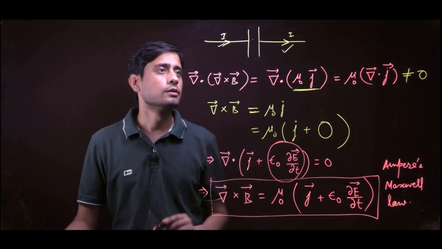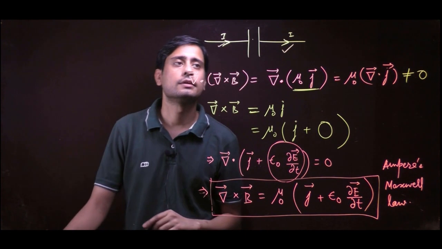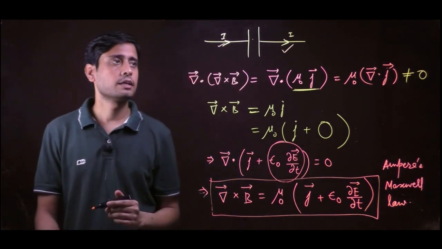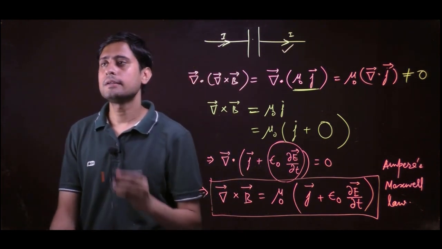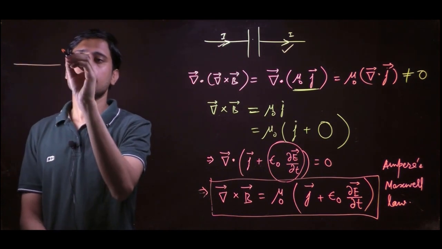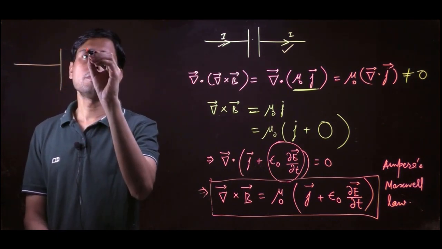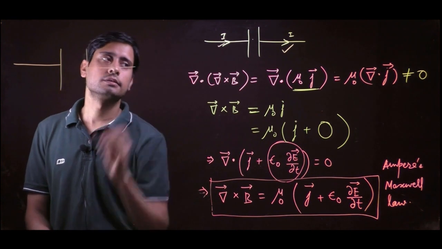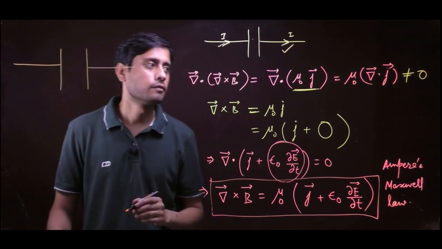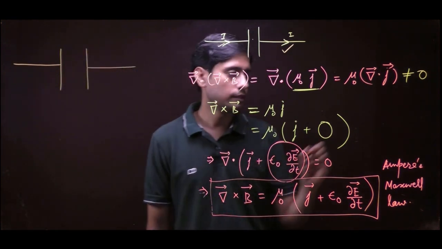Then how are the charges flowing here? How can we explain it? The main problem was not the flow of charges. It can be explained in another manner like this.